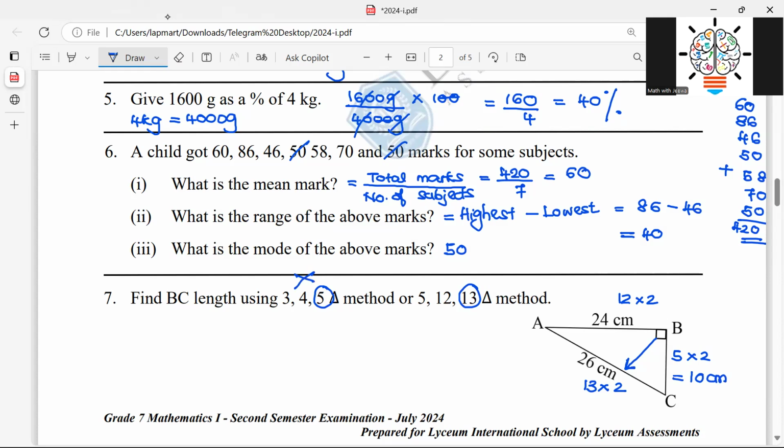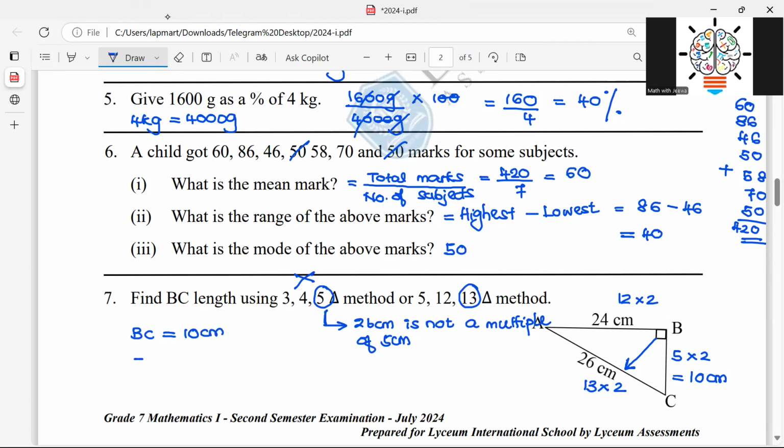Why this doesn't work? What is the reason why this doesn't work? If need, you can write 26 centimeter is not a multiple of 5 centimeter. So then the BC, the answer BC is 10 centimeters.